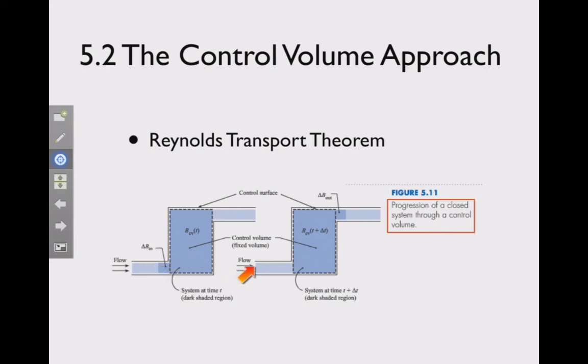When we allow that to happen at a time t, a time delta t later, we've actually realized some outflow here. The inflow has pushed some of the fluid out. So we're interested in now developing the equations that describe how the quantity B changed from time t to time t plus delta t.